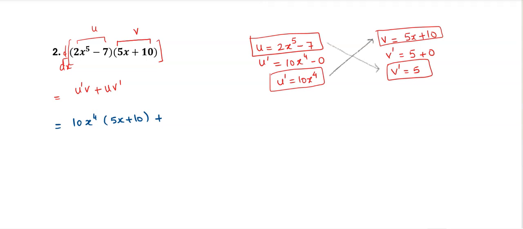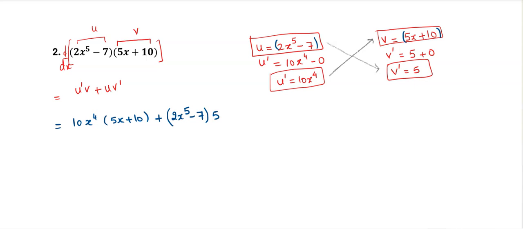So what does it give you? u is 2x power 5 minus 7. Be careful when you have two terms in it, like with plus or minus, put them in a bracket. Because if you write just 5 here, you think it's only 7 multiplied by 5, which is a mistake. 5 is multiplied with the full term. So the bracket is important. Same as how we put the bracket here.